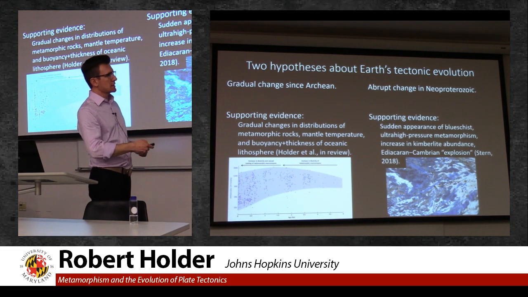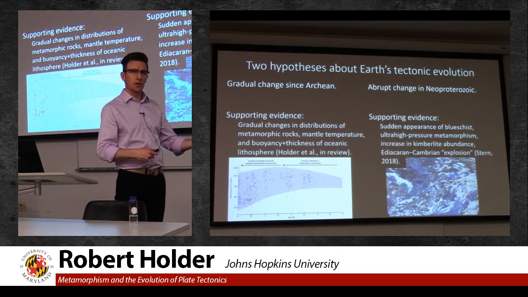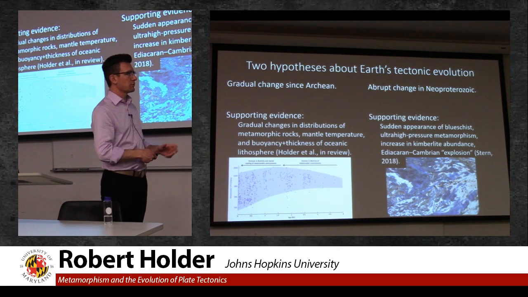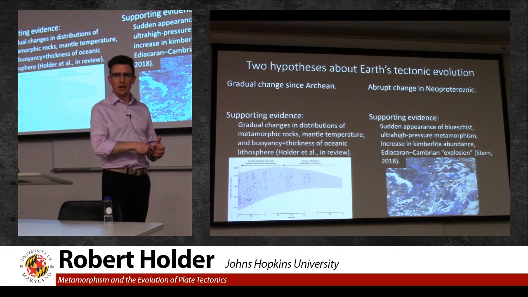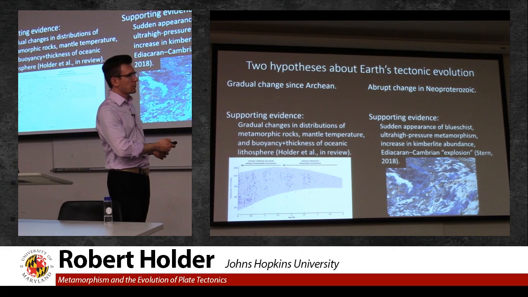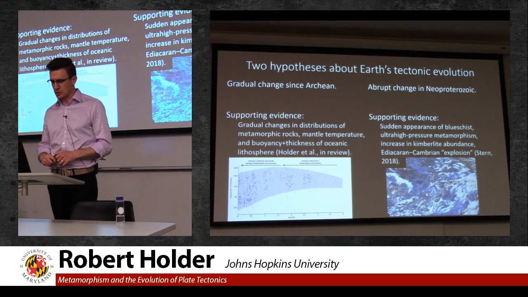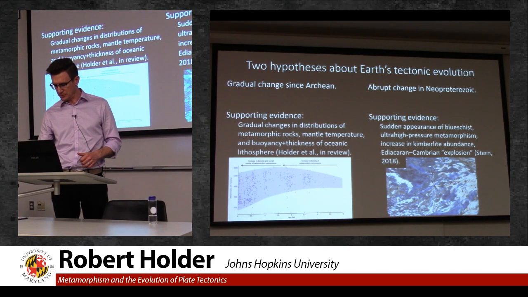And that's contrasted to this idea that tectonics changed really abruptly in the Neoproterozoic, as evidenced by the sudden appearance of blueschist, as well as other things that I haven't discussed in this talk. The sudden appearance of ultra-high pressure metamorphism in collisional orogenic belts, a large increase in the abundance of kimberlites, the massive diversification of life within the Ediacaran.